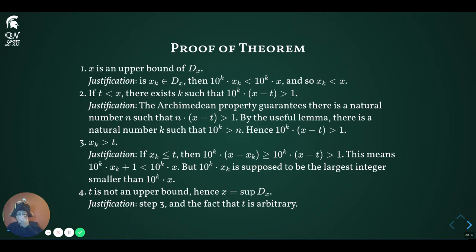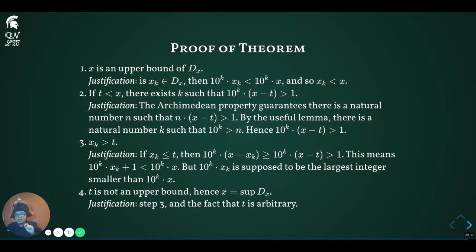To find this k, what we do is first we use the Archimedean property against the positive number x minus t and 1 to find the natural number n so that n times the quantity x minus t is bigger than 1. Then we apply the useful lemma we just proved to guarantee that we can find a natural number k such that 10 to the power k is larger than n. So this means that 10 to the k times the quantity x minus t is greater than 1.